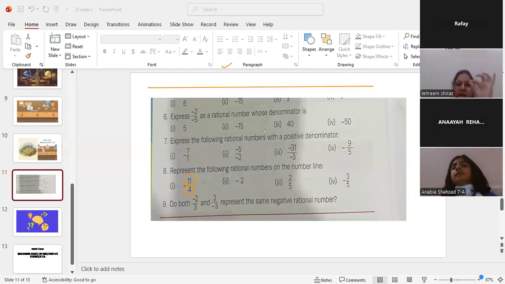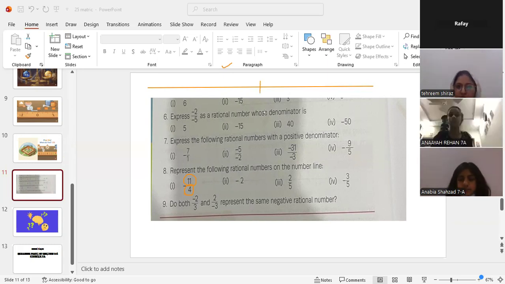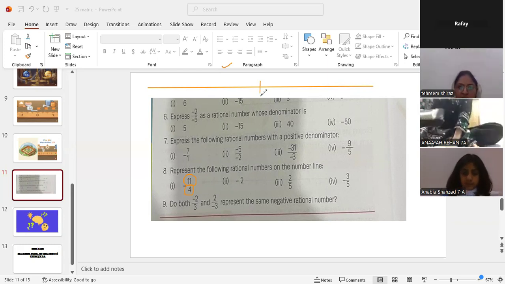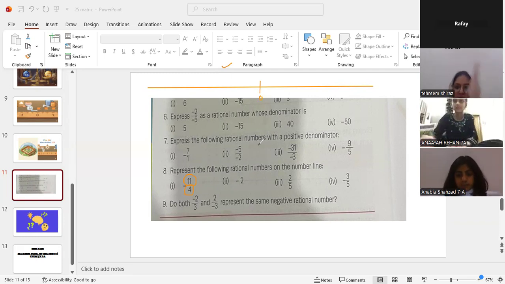Now, in the middle of the line, I have to put another line which represents 0. Right? I will write 0. This step is clear to everyone?